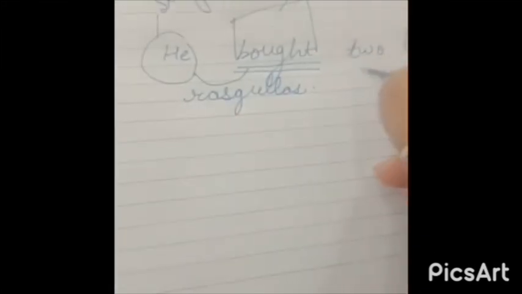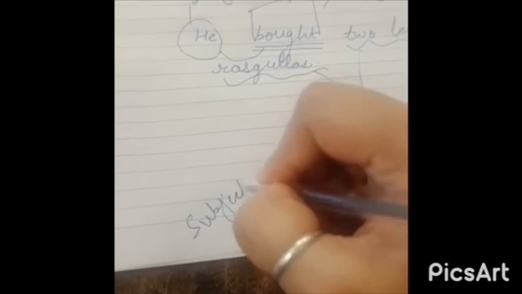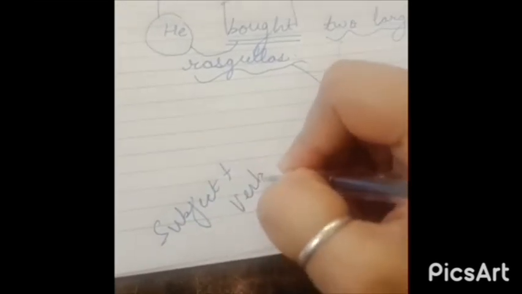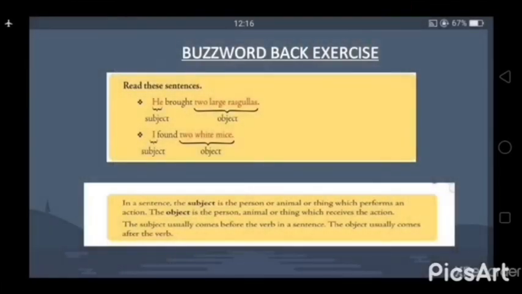This will usually come before the verb, and 2 large rasgullas, your object, will come after your verb. So subject plus verb plus object.